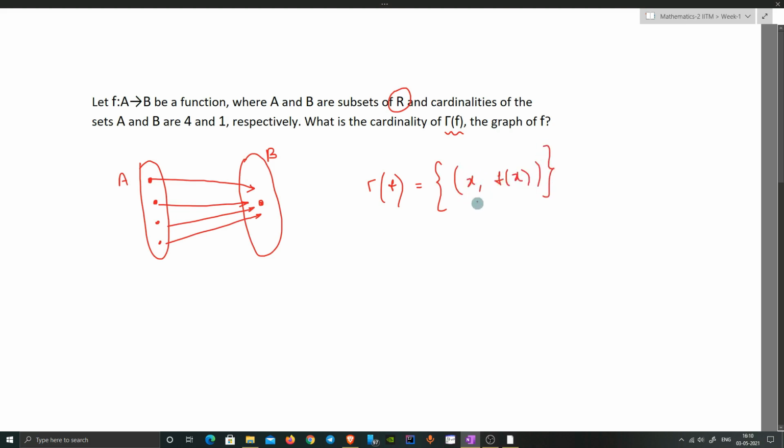X will be taken from A, and f of x is taken from B. If I name the points in A as a1, a2, a3 and a4, and this point in B as b, we'll have a1 comma b, a2 comma b, a3 comma b, and a4 comma b. The total number of points in the graph is the cardinality of the graph, so this is nothing but 4.